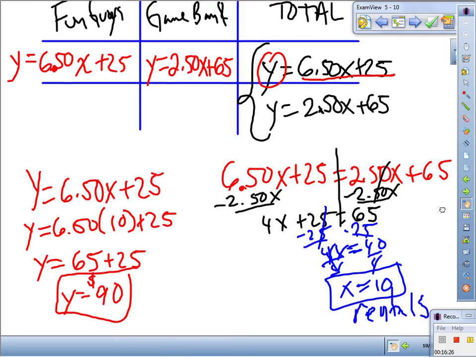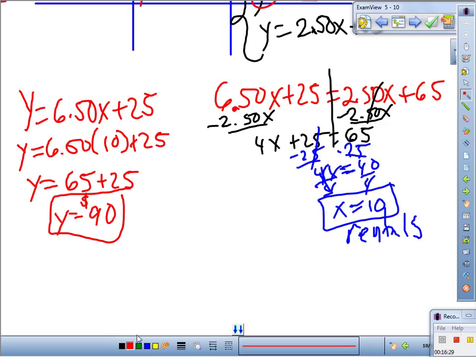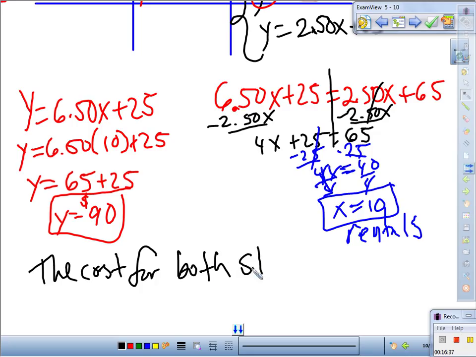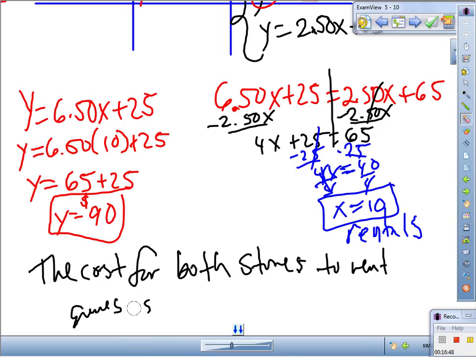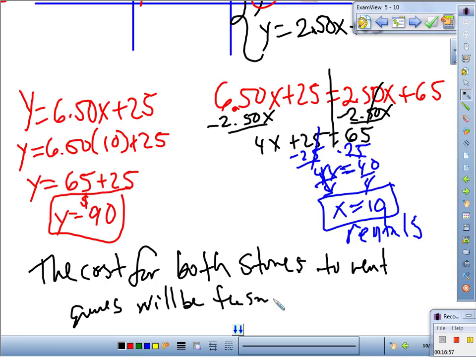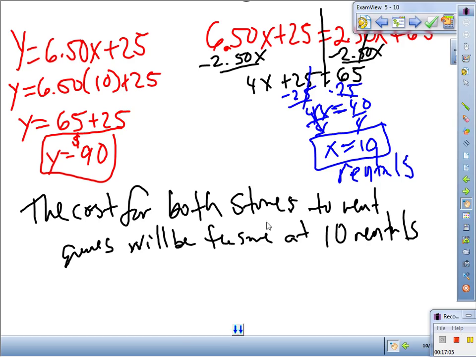All right, let's write our statement. The cost for both stores to rent games will be the same at 10 rentals for a total of what?